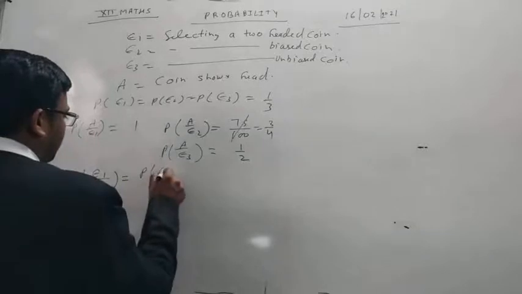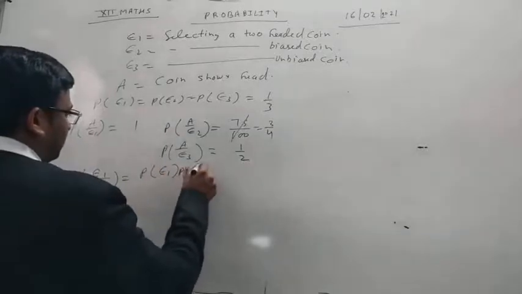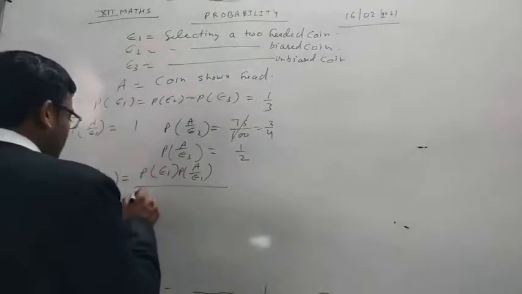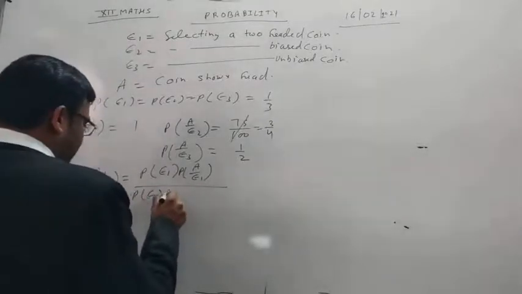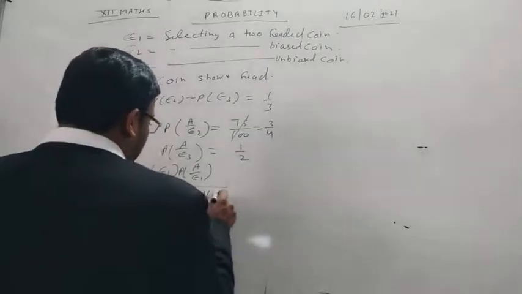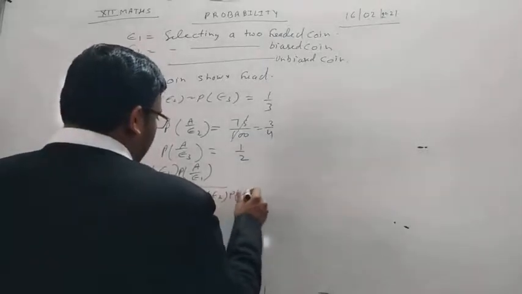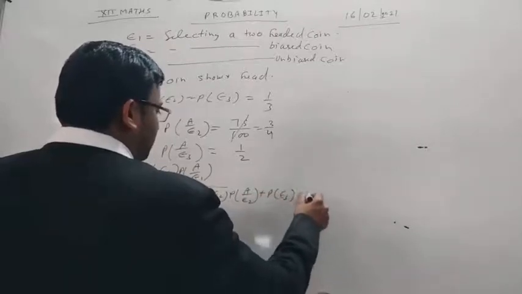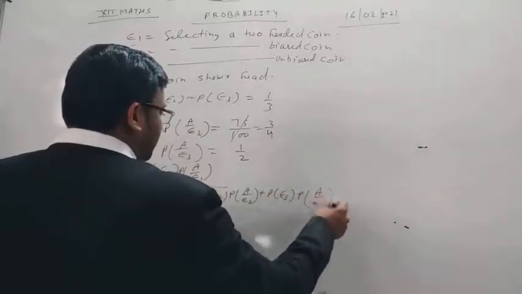Using the concept of Bayes theorem, we again use the formula: probability of E1 times probability of A by E1, divided by probability of E1 times probability of A by E1, plus probability of E2 times probability of A by E2, plus probability of E3 times probability of A by E3.